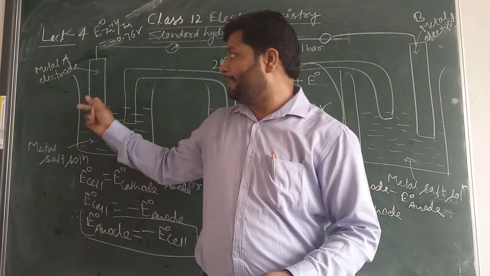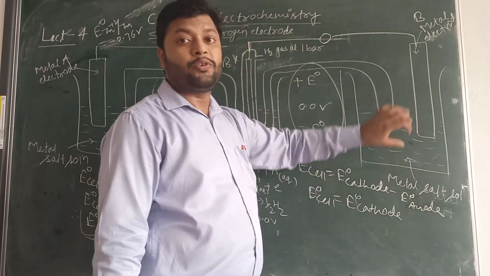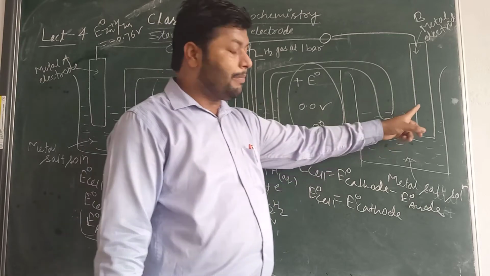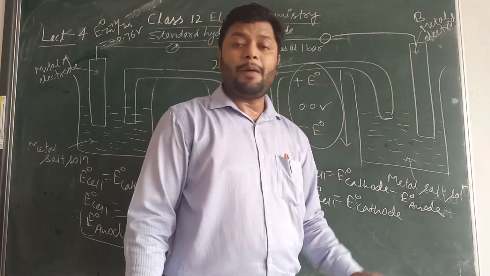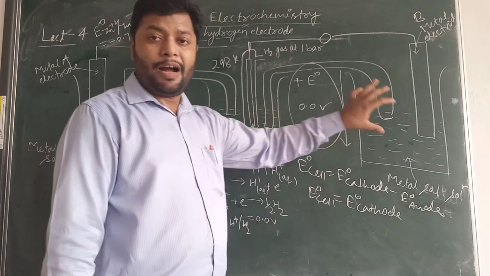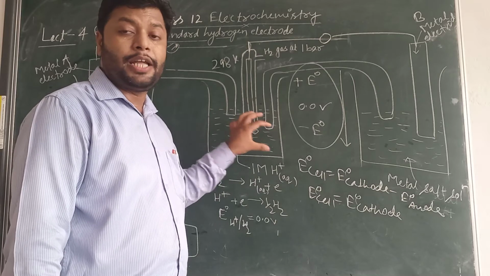For example, let's take the example of copper. When a copper electrode dipped in copper sulfate is attached with a hydrogen electrode, the copper electrode behaves like cathode and the hydrogen electrode acts like anode.